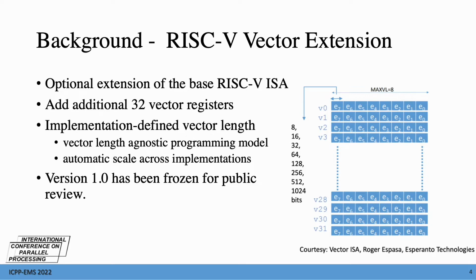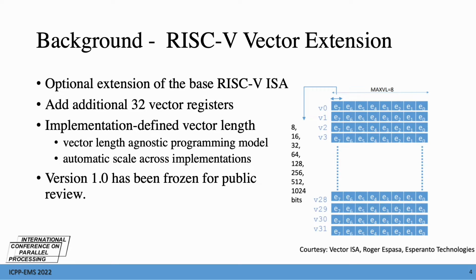This results in lots of extensions with different vector lengths and increasing porting effort. To address this problem, RISC-V left the vector length as an implementation-defined constant parameter. RISC-V programs get vector lengths at runtime, allowing a RISC-V program to scale across different RISC-V implementations automatically.